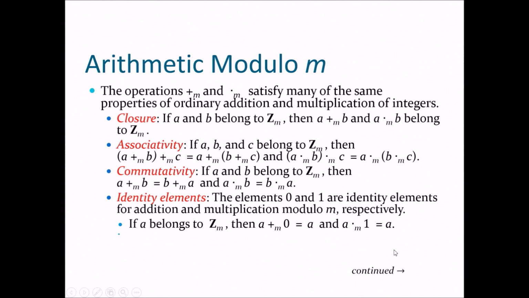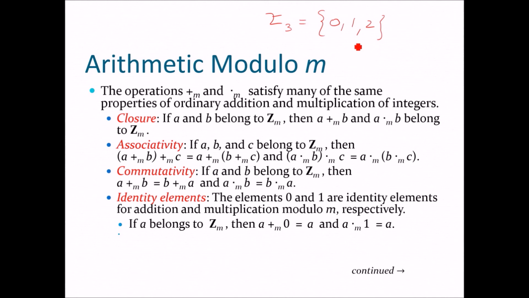For example, if we have the set Z3, this consists of the elements 0, 1, 2. M here is 3, so 0, 1 up till m minus 1: 0, 1, 2.